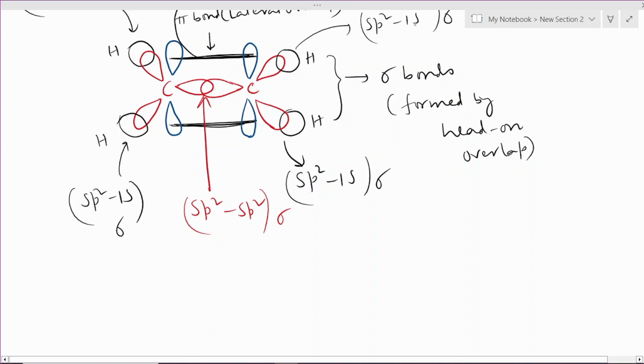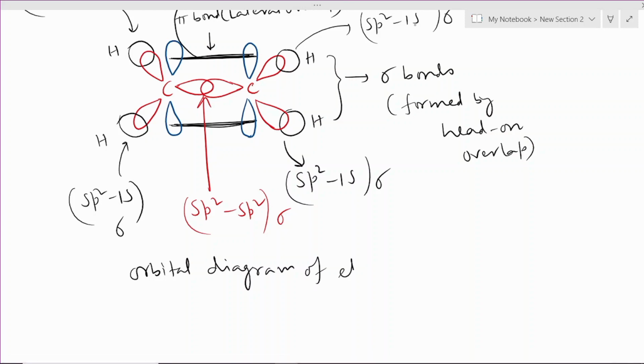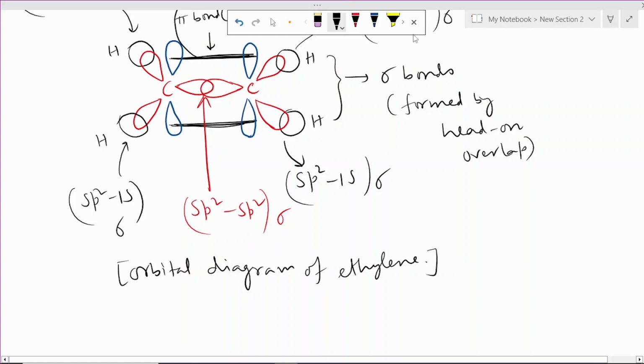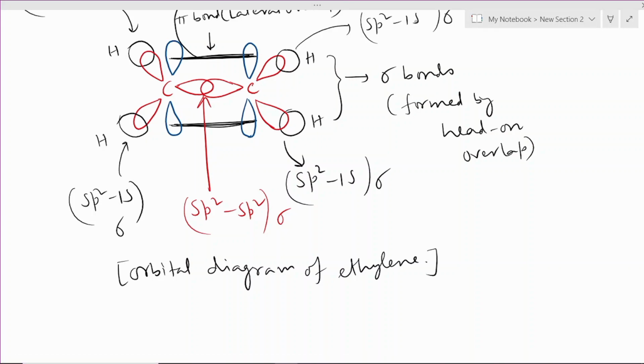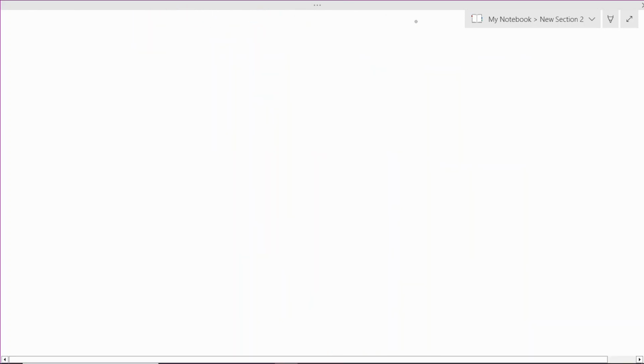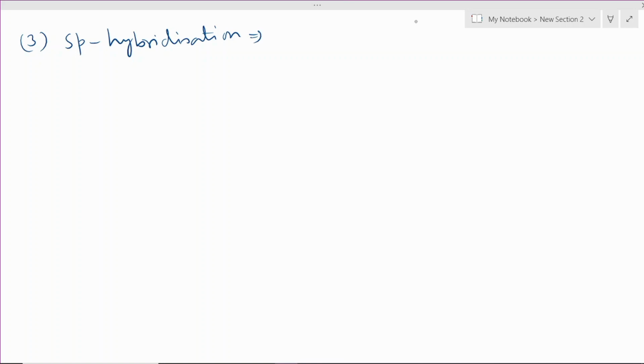So this is the orbital diagram of ethylene. Now we will discuss about sp hybridization. The example of a compound that possesses sp hybridization is acetylene.